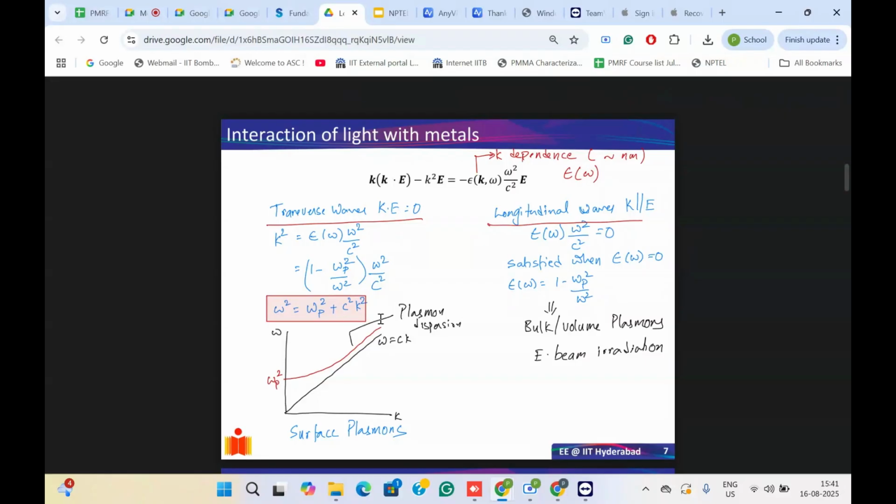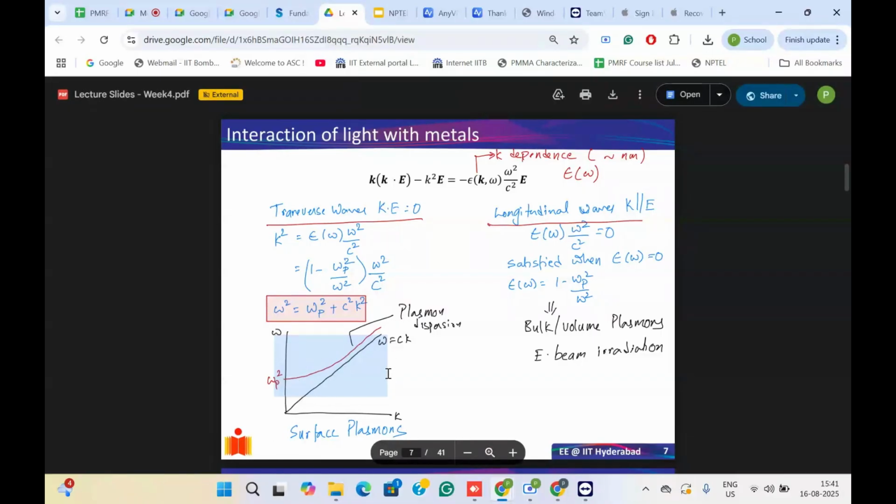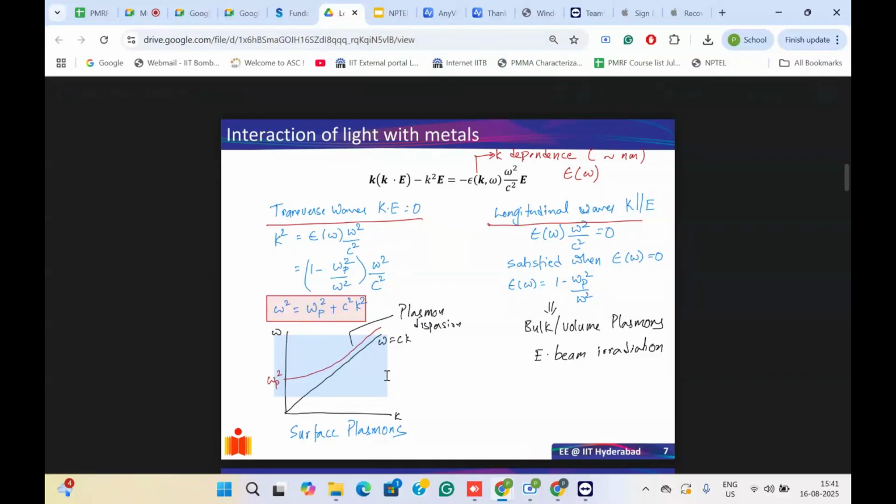If we draw the dispersion relation, omega versus k, for when an EM wave is propagating in free space, we have a straight line, omega is equal to ck.